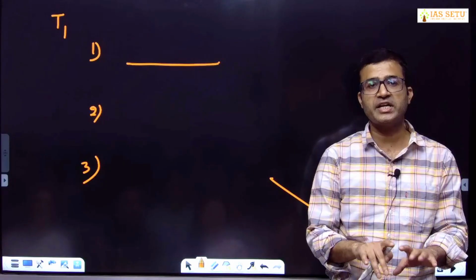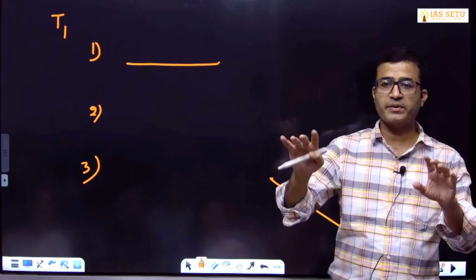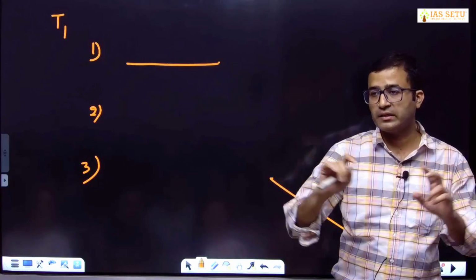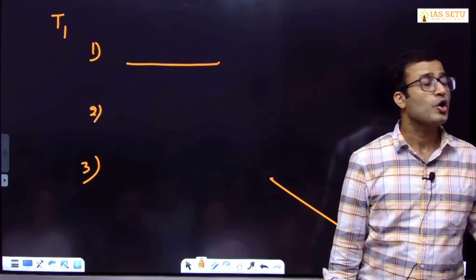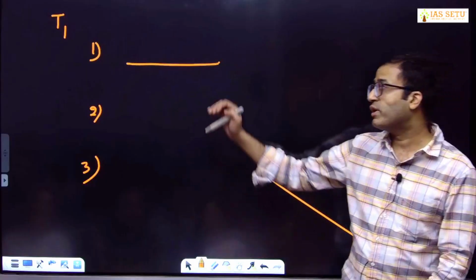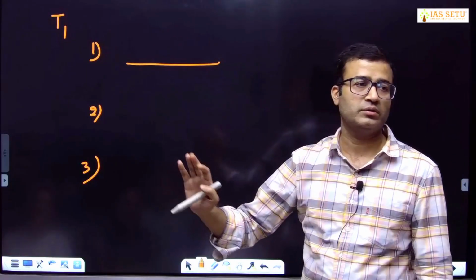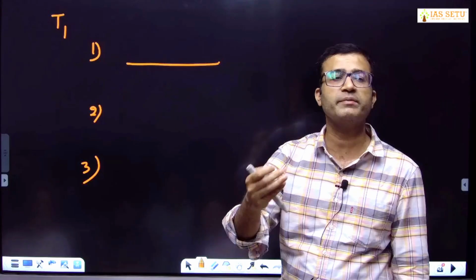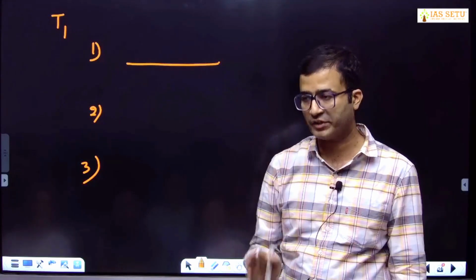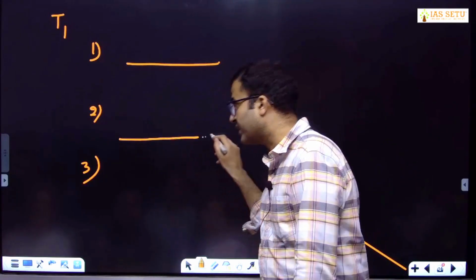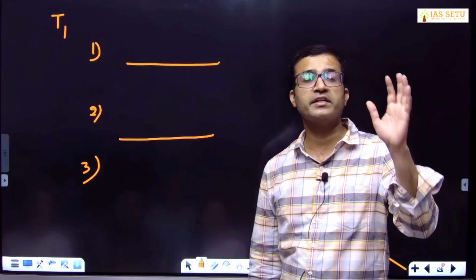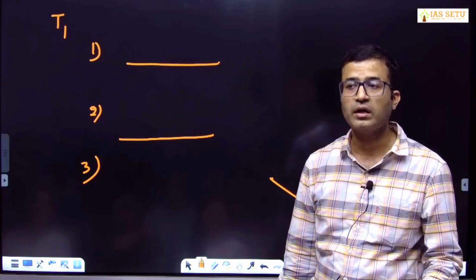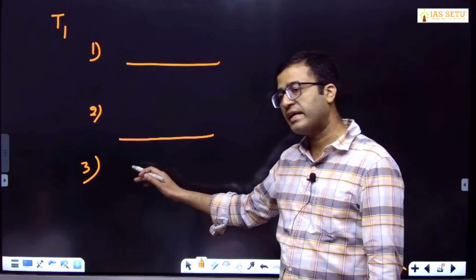Online वालों को सिर्फ चैटिंग करनी है. सर समझ में नहीं आया, सर not understood, explain, repeat. ठीक है, hold. So when I take one example, I know with the first example nearly 80% of students are able to understand, depending on the concept, maybe 90%, maybe 50%. Then I will take a second example, then 99% of students might understand. ठीक है, और लोगों को समझ में आएगा. I will wait, then I take the third example.